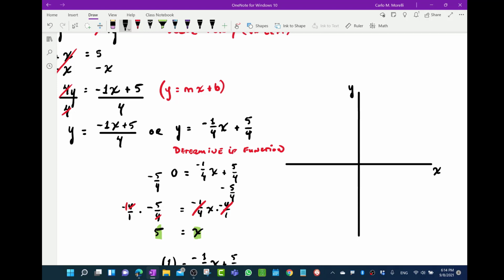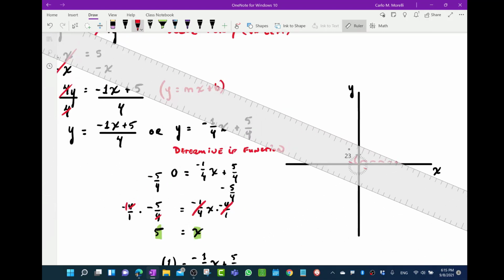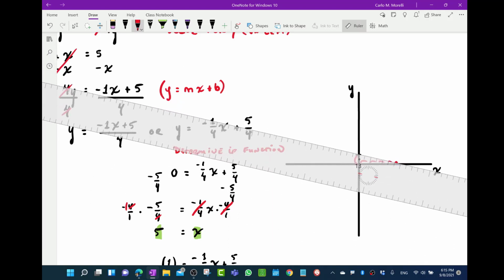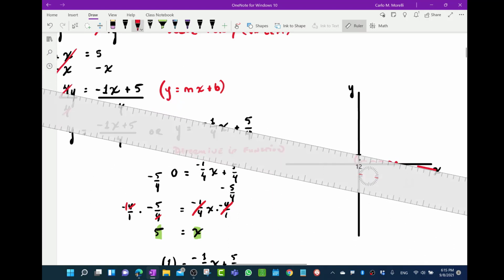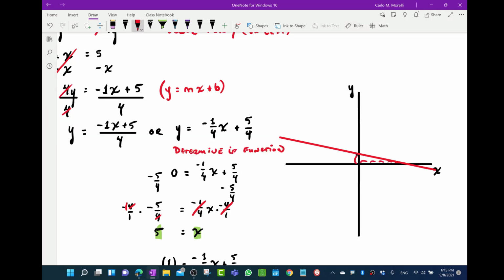We have a y-intercept at 5/4. And my rise over run is down 1 over 4 to the right. So it's just like down 1 over 1, 2, 3, 4. So my line would look, very, very crudely speaking, something like this. And we see that does not violate the vertical line test, so it's a function.